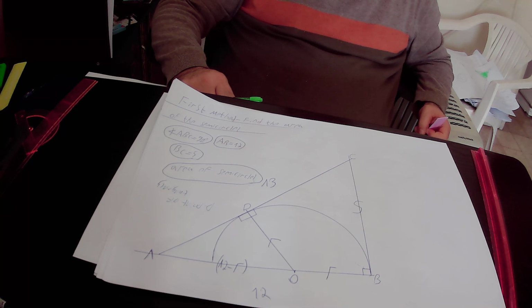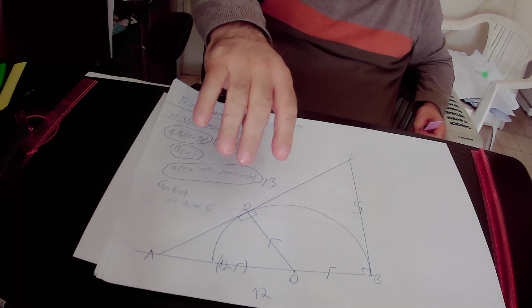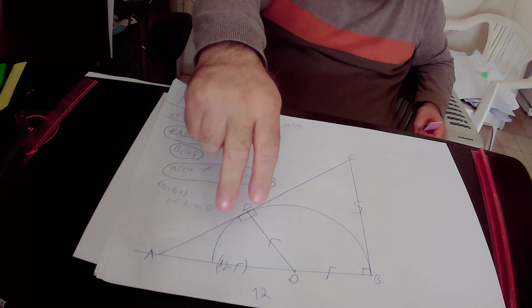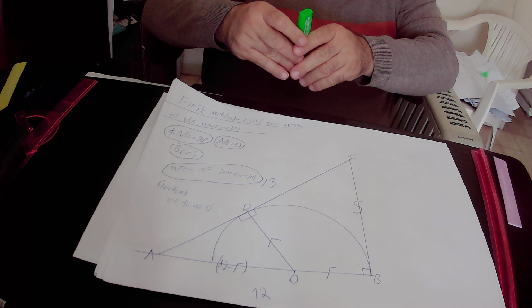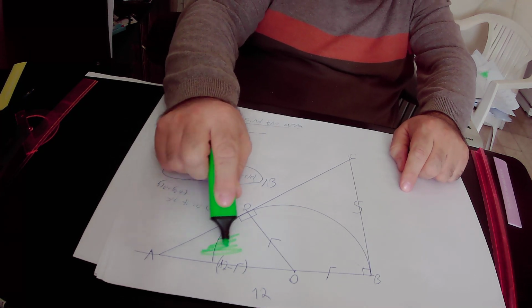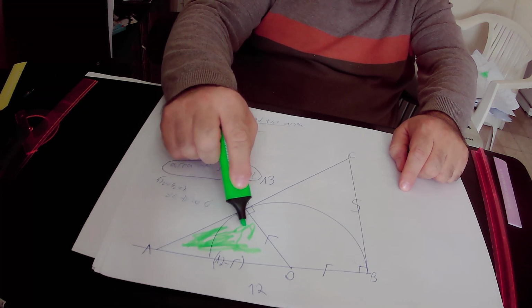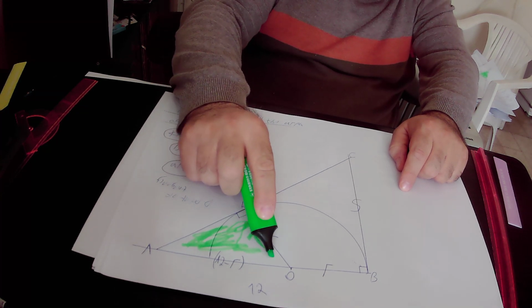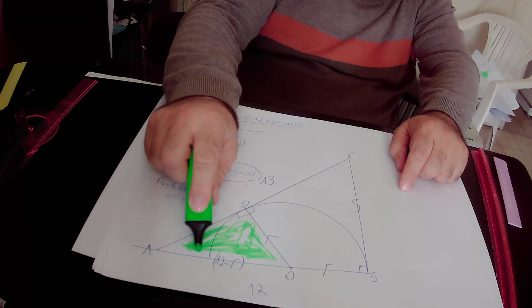So in the next step we will prove that the big right triangle, triangle ABC, is similar to the small right triangle, triangle ADO, the green right triangle.